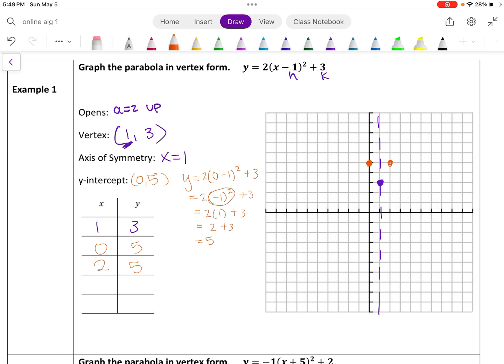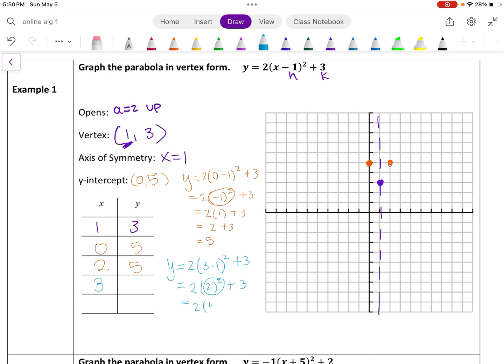Well, of course, we need 5 points to make this parabola, so same as in factored form, we get to pick an x value. I noticed that we already used 1, 0, and 2, so either negative 1 or 3 would be a good x value. I'm going to pick 3. I substitute that into my equation, and I use my order of operations to find y. 3 minus 1 is 2.